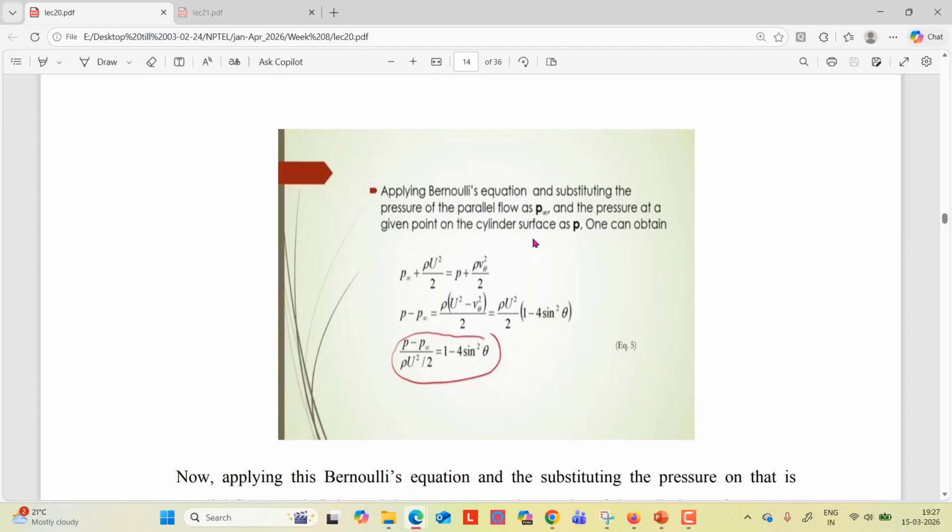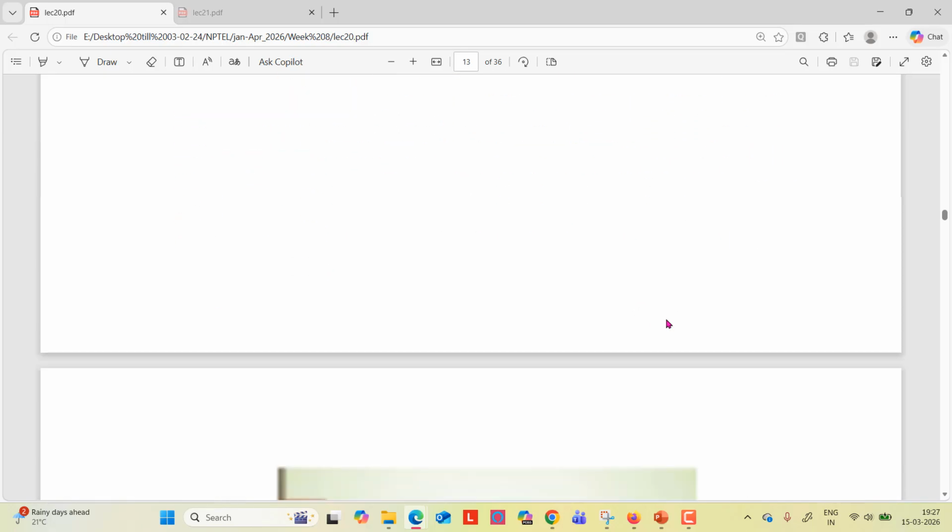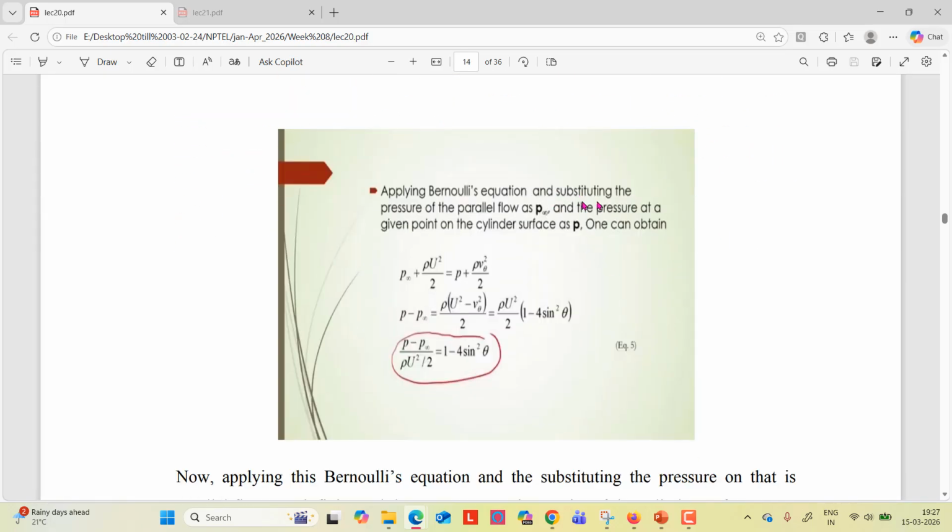Applying Bernoulli's equation. Now we are applying Bernoulli's equation at this point P and this point. I am substituting the pressure of the parallel flow as P infinity and the pressure at a given point on the cylinder surface as P. At P infinity, the velocity of the fluid is at its optimum, like the fully developed flow velocity.